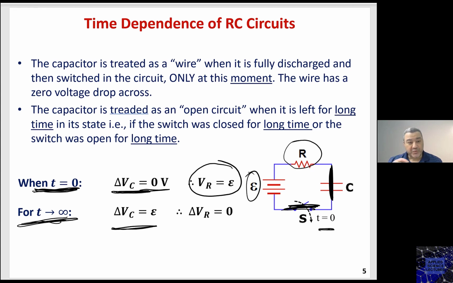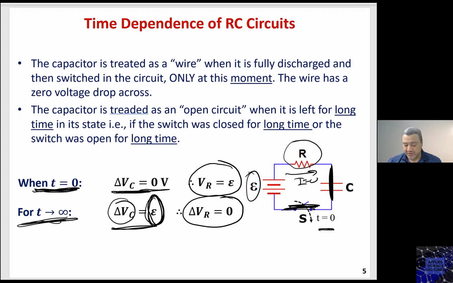The capacitor would have reached the maximum, which is the voltage of the electromotive force, and that's why the voltage across the capacitor would be the same as the voltage across the battery or your source, and there will be no current going into the resistor, and that's why delta VR across the resistor would be 0.